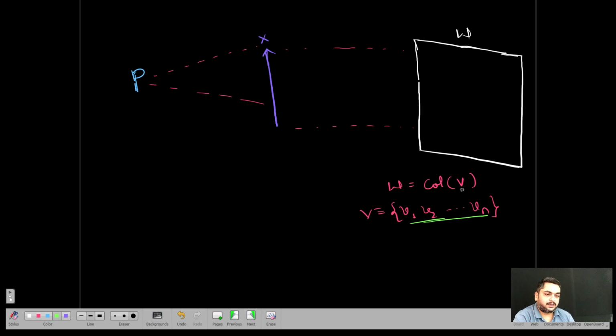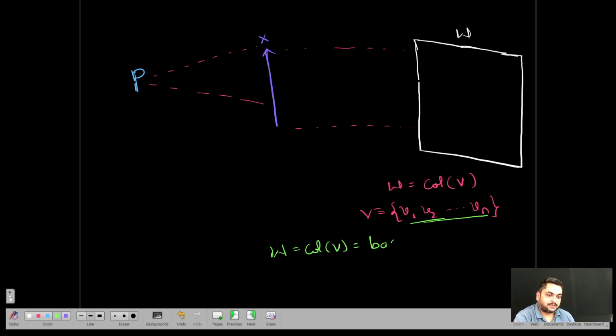So there is a matrix V containing a set of vectors. Now how will you write the column space of V? We will write W is equal to the column space of V. How do you find the column space of V?